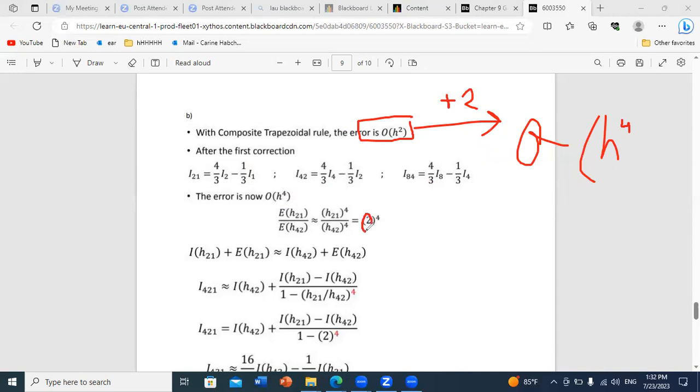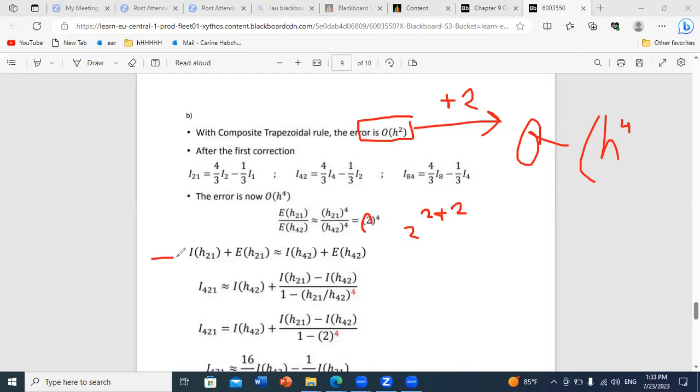So now in the new Richardson extrapolation, the ratio of error, instead of being 2 squared, is 2 to the power 2 plus 2, because we gained 2 orders of accuracy using the first Richardson extrapolation. And now we do exactly the same technique to get an expression of the coefficients. How do we get the new coefficients? We repeat the same method.